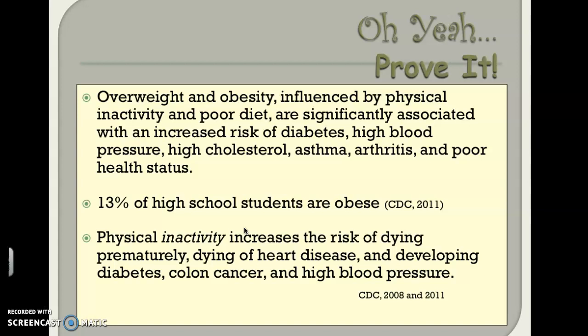Statistics show that 13% of high school students are actually obese. And obesity and physical inactivity significantly increase your risk for dying prematurely, dying of heart disease, and developing diabetes, colon cancer, and high blood pressure.